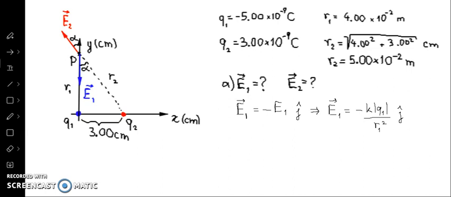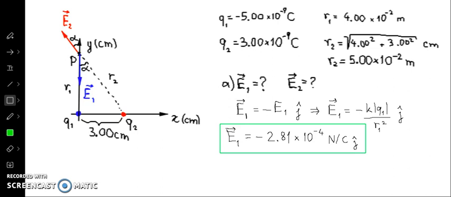Now k is known as Coulomb's constant. Q1 is given, R1 is also given. If you plug in the numbers, here's what you get: negative 2.81 times 10 to the negative 4 newtons per coulomb j hat. That's E1.